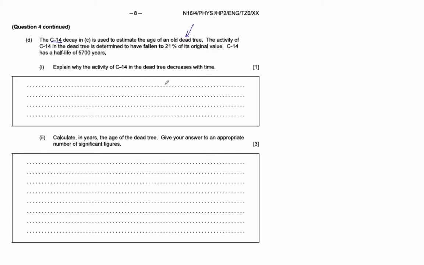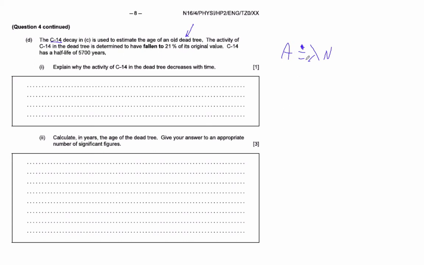Explain why the activity in the dead tree decreases over time. The activity is, is it negative? I can't remember. I should really look that up. I think it is because we're losing the nuclei. Oh no, they don't make it negative. Ignore that minus sign.